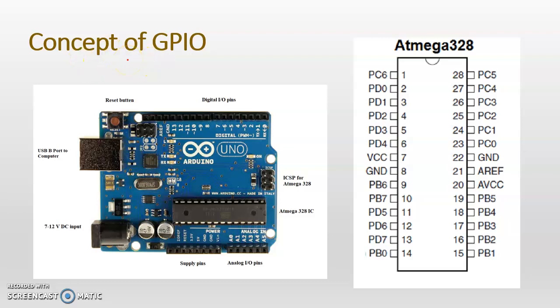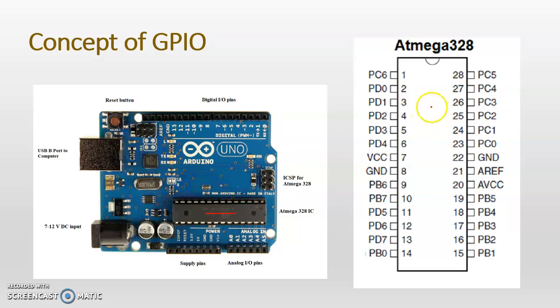In the previous video I have already explained the Arduino hardware. This is the Arduino board. The various components are mounted on this Arduino board, and the heart of this Arduino board is this microcontroller Atmega 328P, a 28 pin microcontroller.